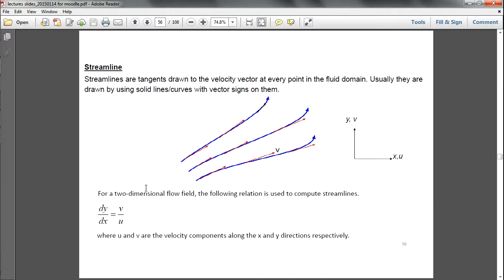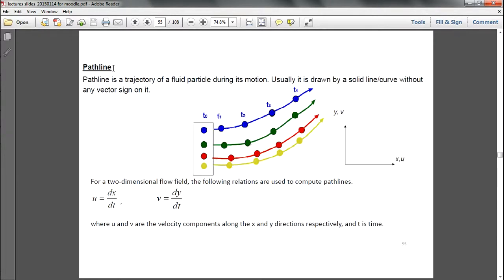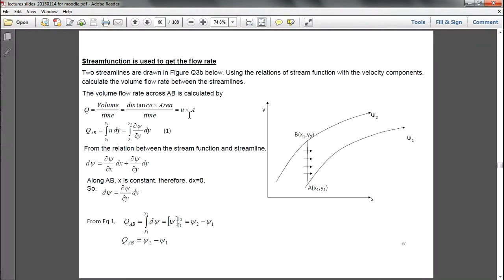Whatever deals with a streamline, you can use u equals this. Whatever deals with a path line, you use that equation. That would be the best. So if it's a streamline, you just use this one, u equals this, and then you do an integration.